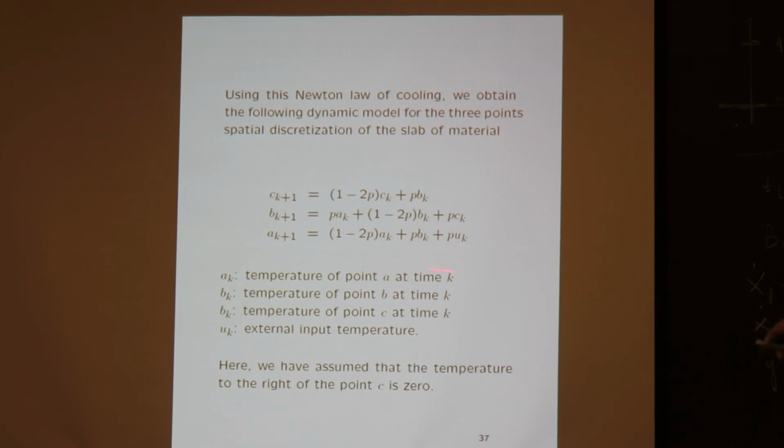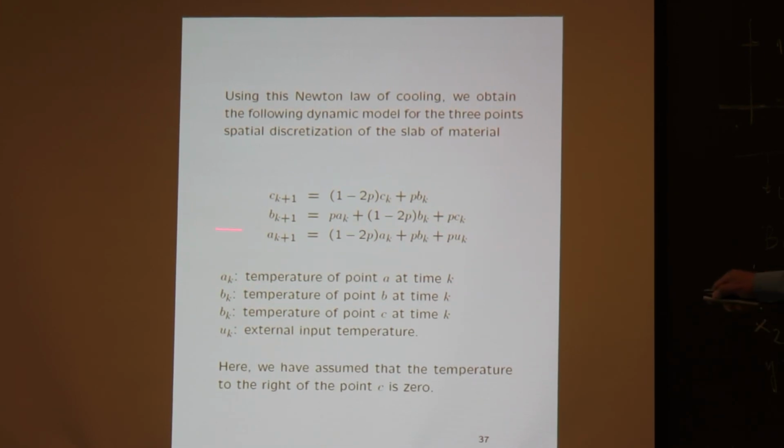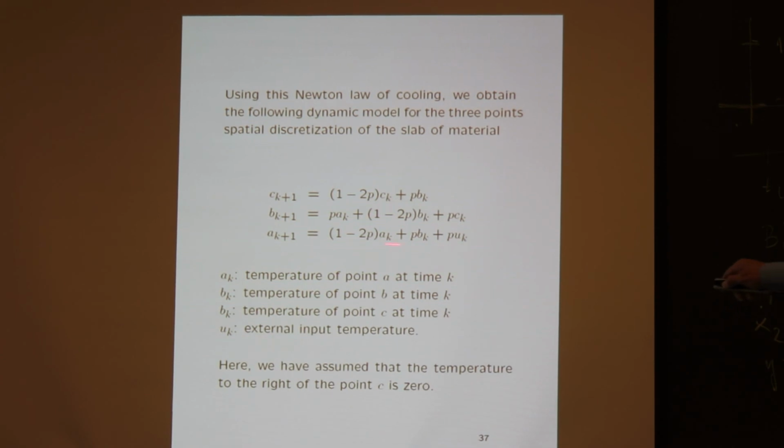So there is a control system in which U triggers the dynamics traveling from the initial point to the final point of the slab, and the temperature evolves according to that dynamics. It's very nice linear dynamics.